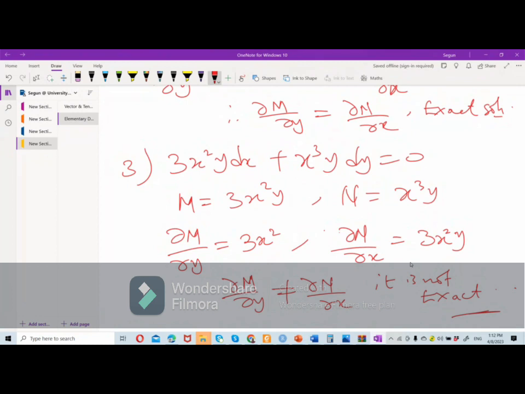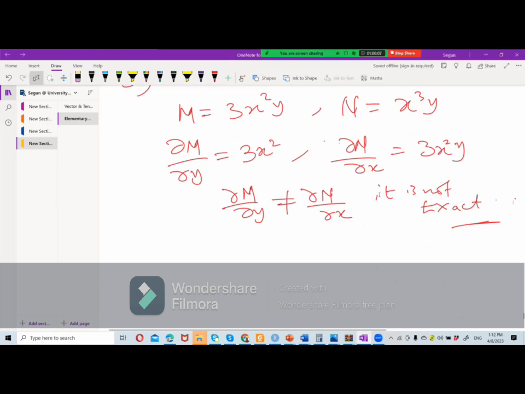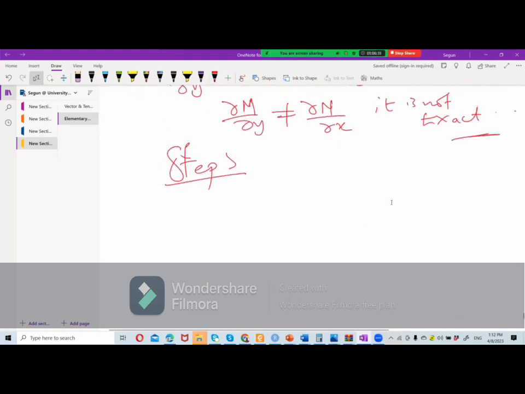One of the things you need to know is the method of solving a first order exact differential equation. Let's look at it. One of the things we need to take note of is the first step.